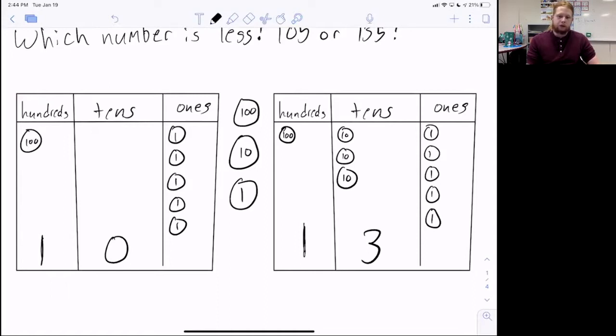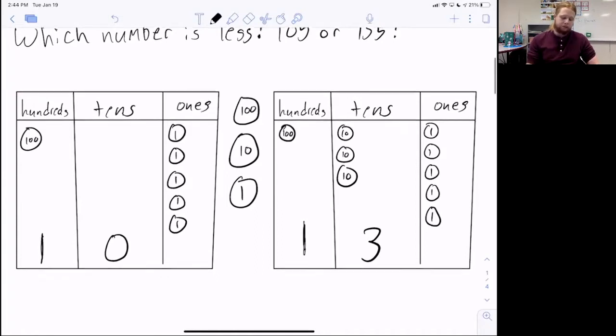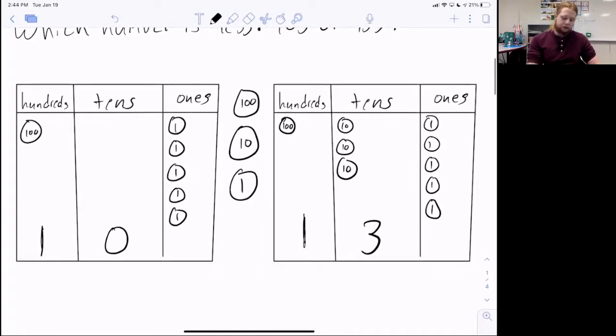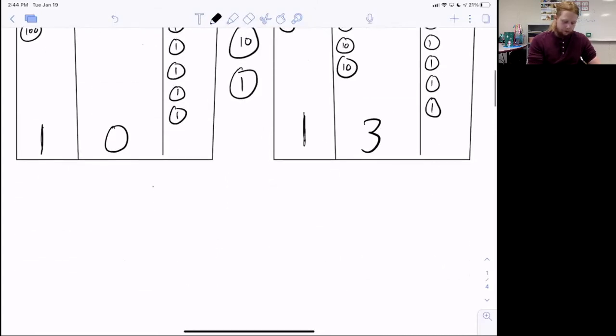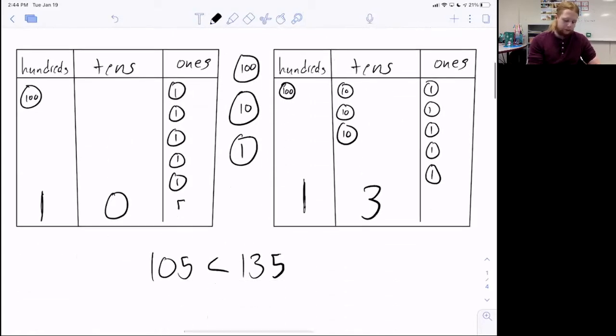So if there's a difference in numbers, the one with the bigger number is going to be the bigger number. So there are 3 tens in this one, and there are 0 tens in this one. Therefore, 105 is less than 135. And if you notice, we didn't even have to fill out this one because we already knew from this spot.